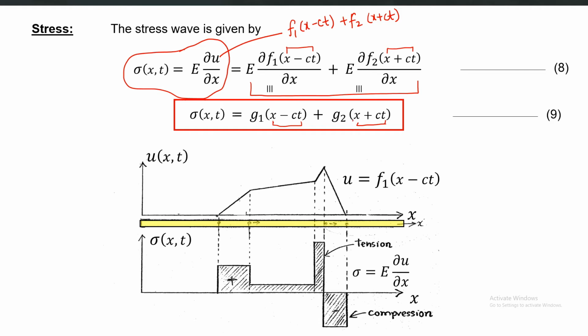So here in this figure I give you an example, that let's say that this is that rod, and this is the direction of wave. And let's say that this is the displacement profile or displacement function.